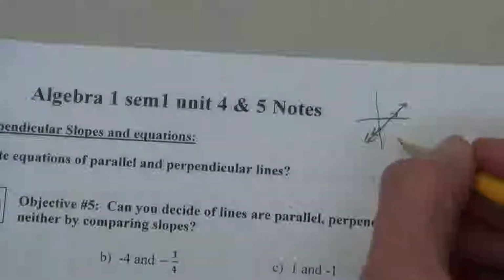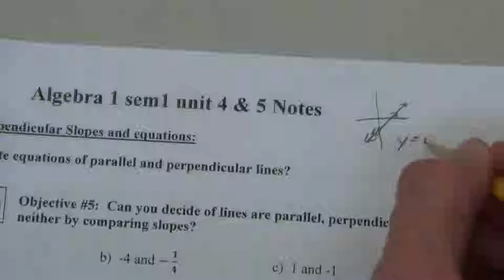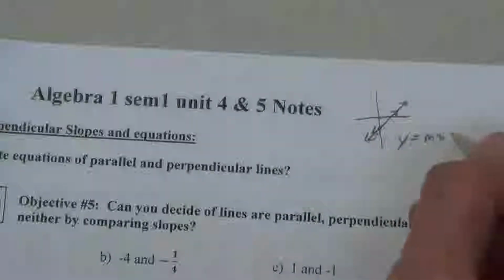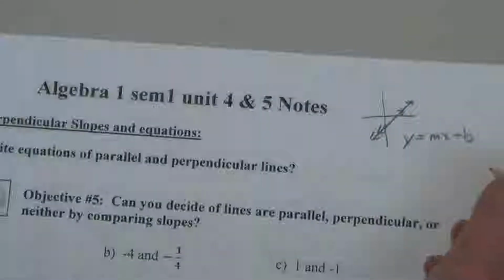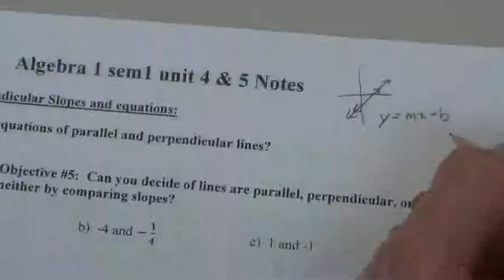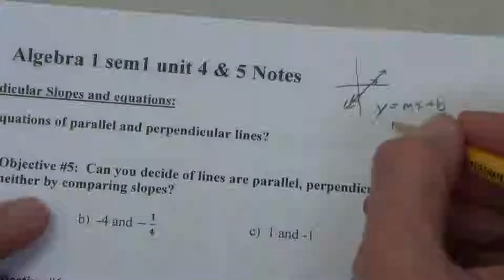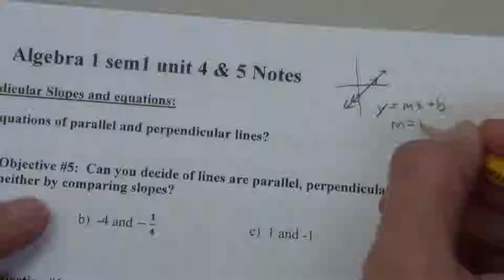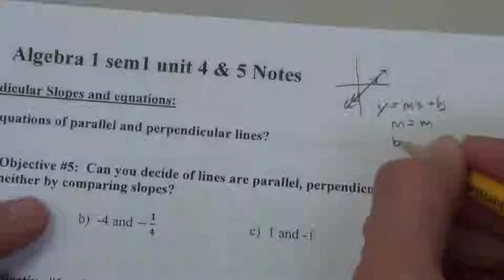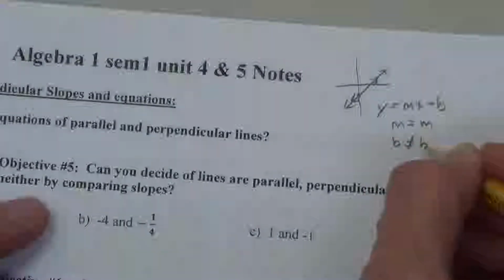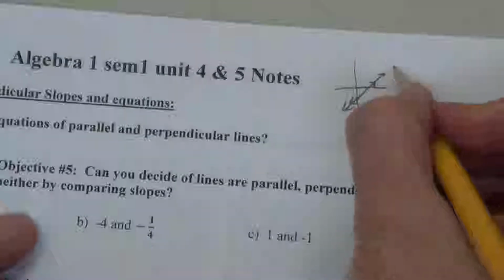So in your y equals mx plus b form, you have the m's, which would be equal, but your b's could not be equal for parallel lines, and that's parallel.